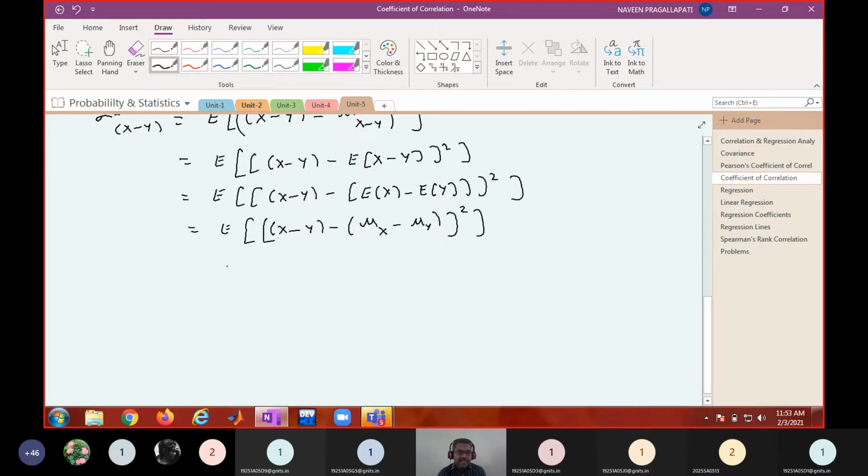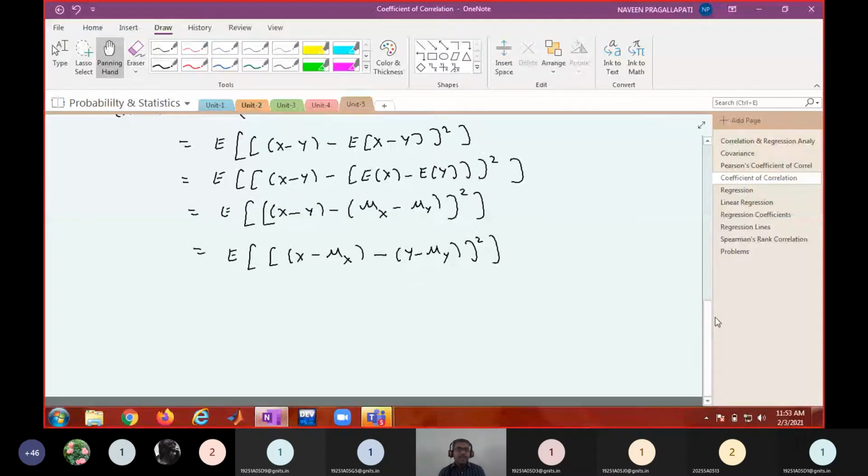Okay, so can I rewrite this as e of x minus mu x minus y minus mu y whole square? Can I write like this? X minus mu x minus, I took common, y minus mu y whole square.